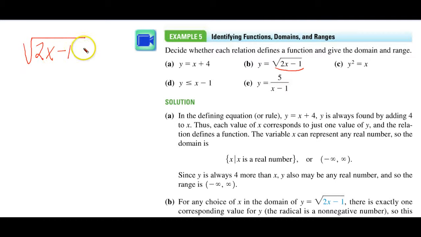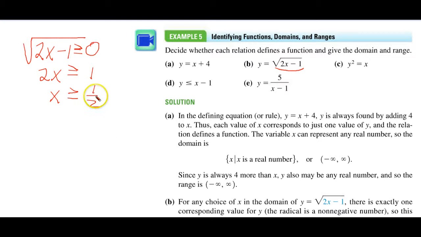So how do you find the domain of this? Well, you take away the radical sign and just set our radicand equal to 0. So we get 2x equals 1. Then we divide, and that would be greater than or equal to 0. And then we get x is greater than or equal to 1/2.